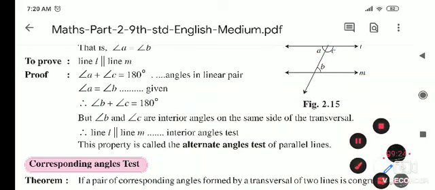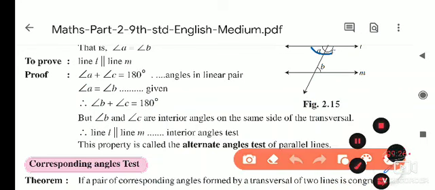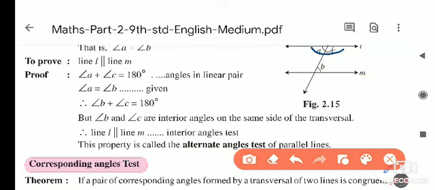Now, if A plus C is equal to 180 and A is equal to B, then you just replace this A in that statement with angle B. So what do you get here? Angle B, instead of angle A, you write here angle B plus angle C is equal to how much? 180 degrees. So the sum of these angles is 180.